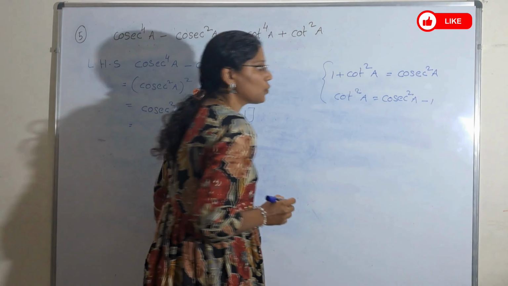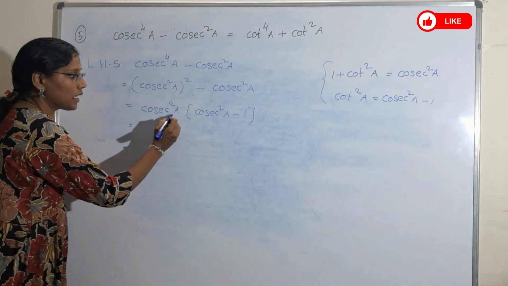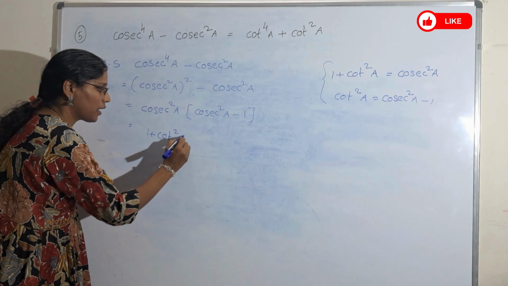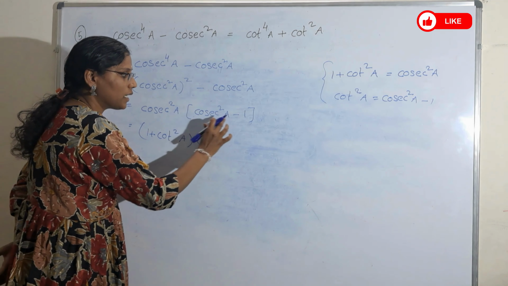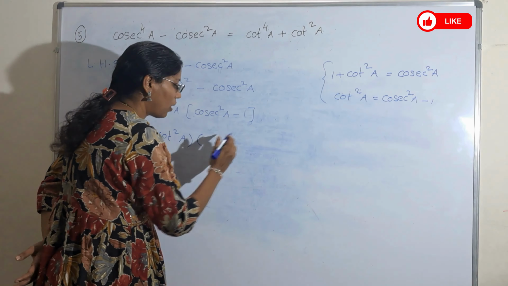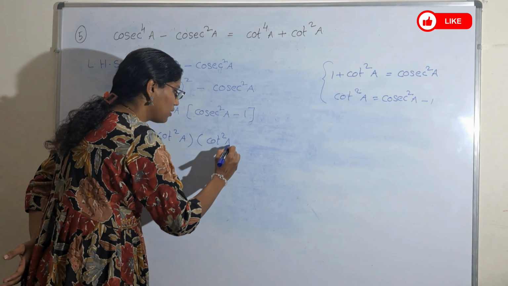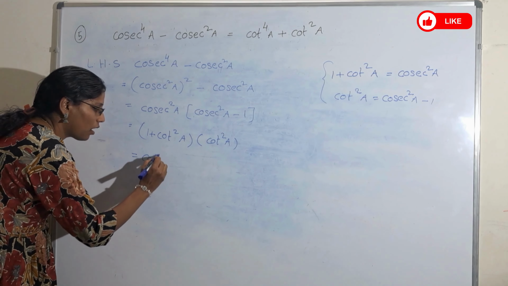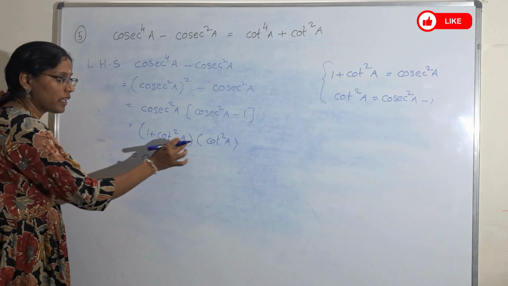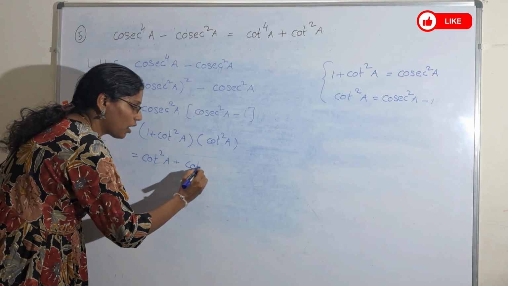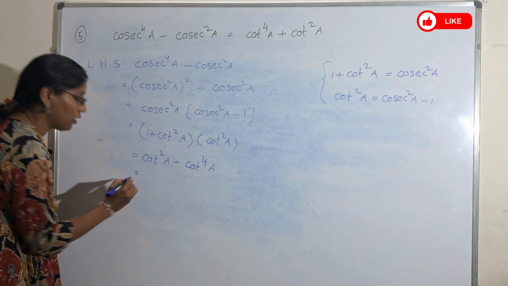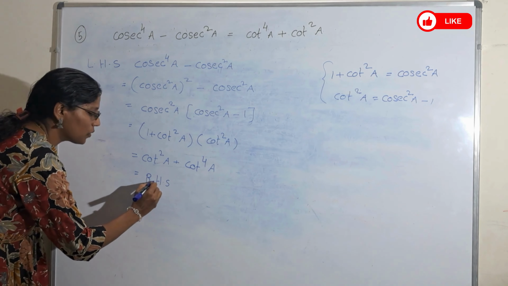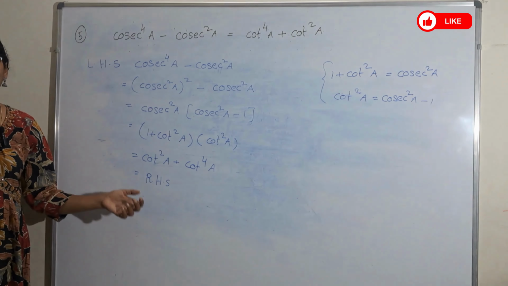We use these two here: cosecant square A as 1 plus cot square A, and cosecant square A minus 1 as cot square A. Now we multiply cot square A into 1, cot square A, plus cot square A into cot square A, cot power 4 A. This is the RHS value. So LHS is equal to RHS, hence proved.